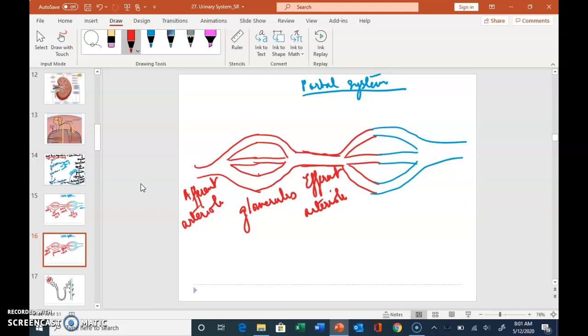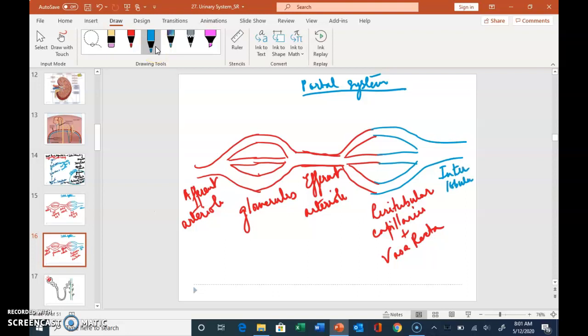And the efferent arteriole forms a second capillary bed, which in case of the urinary system is made up of the peritubular capillaries and vasa recta. And then this comes together to form the interlobular vein. This is the portal system in the urinary system.